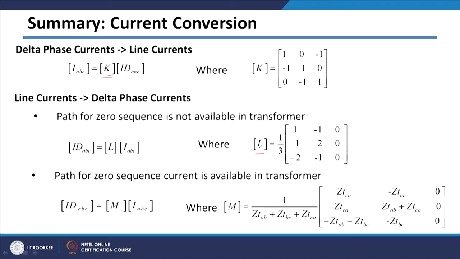However, there are 2 cases, because depending upon whether zero sequence current path is available or not, we need to use L or M alternately. Whenever zero sequence current path is not available, we have to go for L transformation, and whenever zero sequence current path is available, we have to go for M matrix.